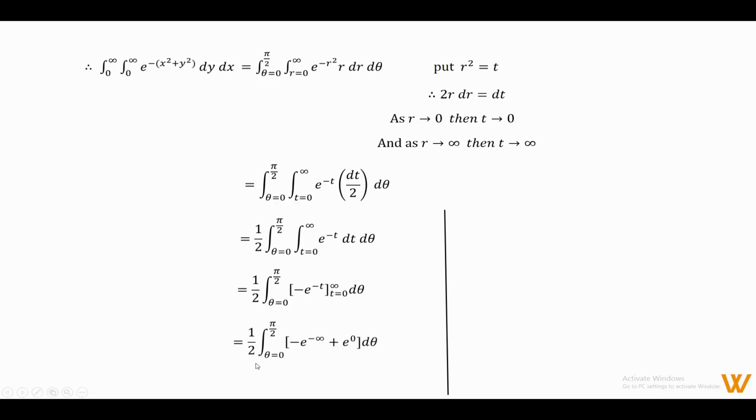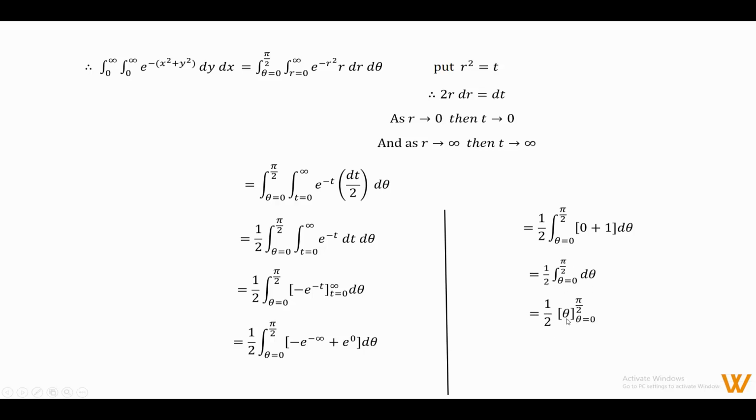So this equals 1/2 integration, limit theta varies from 0 to pi by 2, inside the bracket minus of e raised to infinity, minus of minus becomes plus e raised to 0, d theta. Now e raised to infinity is 0 and e raised to 0 is 1, so 0 plus 1. 1/2 integration, limit theta varies from 0 to pi by 2, inside the bracket 0 plus 1, d theta, equal to 1/2 integration of only d theta, and integration of d theta is theta.